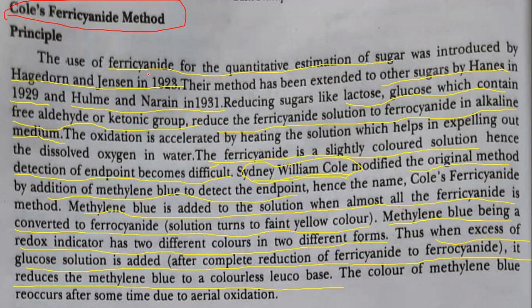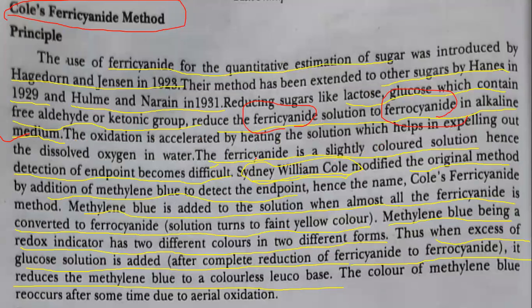Reducing sugars like lactose and glucose, which contain a free aldehyde or ketonic functional group, reduce the ferricyanide solution to ferrocyanide in alkaline medium, provided the reaction medium is alkaline. The oxidation is accelerated by heating the solution, which helps in expelling the dissolved oxygen in the water.